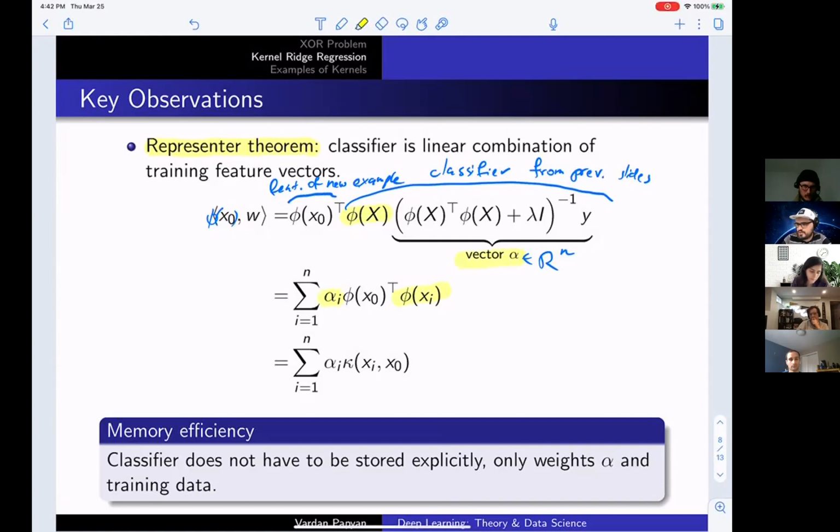A simple manipulation, but what's important to notice here is that at the end of the day, you're able to write the prediction as the sum from i equals 1 to n of alpha_i times the kernel function of xi and x0, right? And so why is this key observation called the representer theorem?